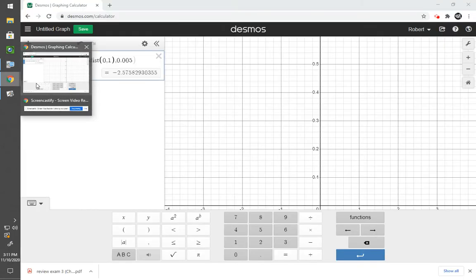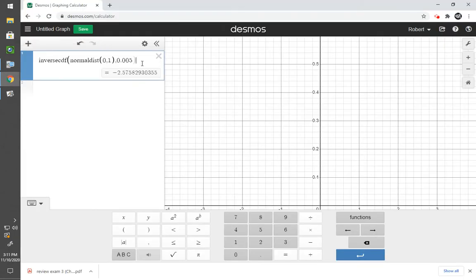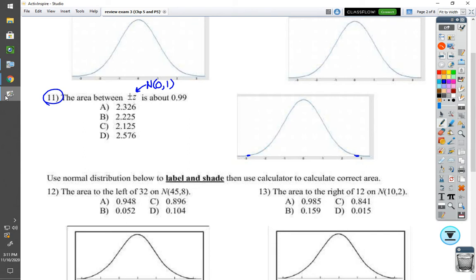Now, why did I have to use the left-hand side notation? Because Desmos will only calculate to the left. It does the inverse of the distribution, the mu, comma, the standard deviation, comma, the left-hand area. This has to always be left tail. And I'll show you why the left tail is 0.5% kind of quickly. When I look at this normal curve, if there are 99% underneath of the curve, that means there is 1% remaining for the outside. 1% split 2 ways is 0.5% on the left and 0.5% on the right.